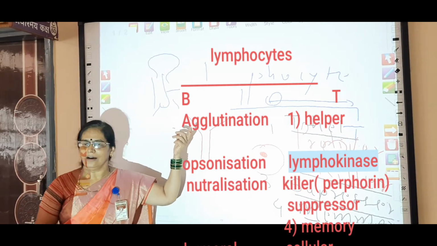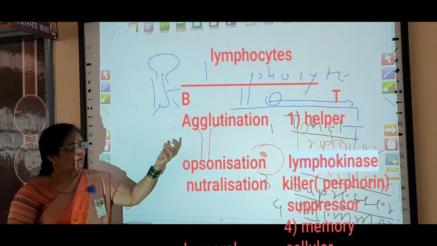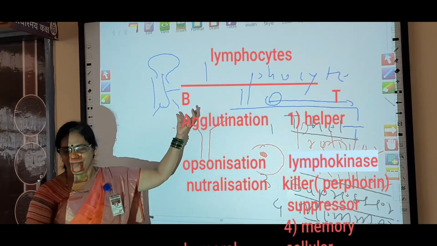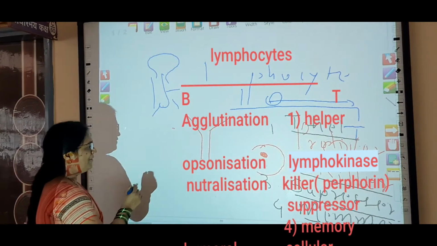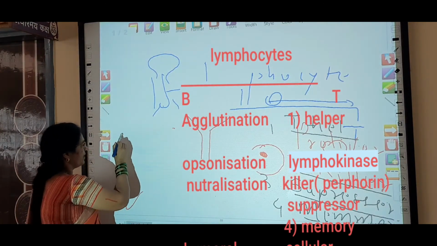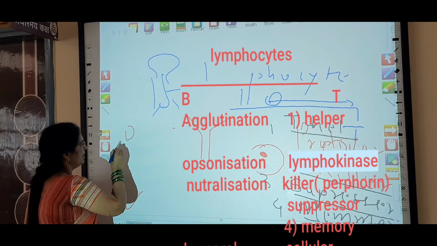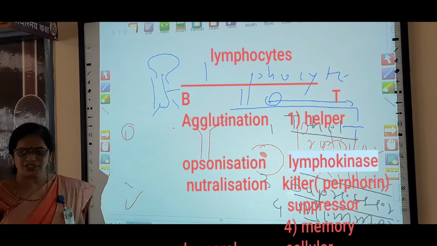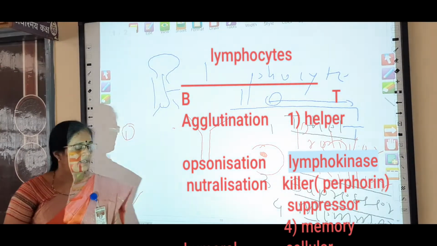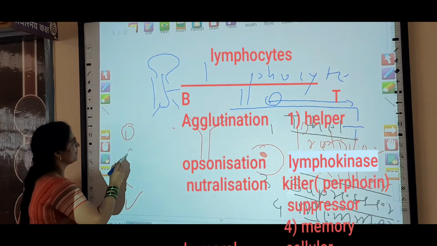Pathogens are engulfed. So what are the three steps by the B lymphocytes? The first step is agglutination.